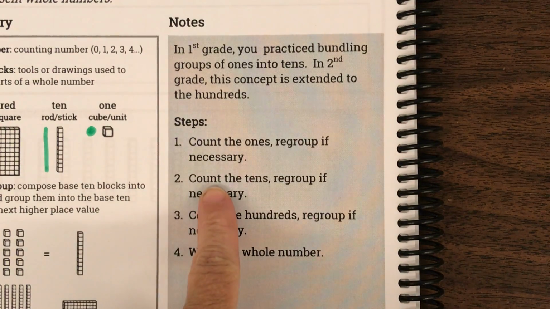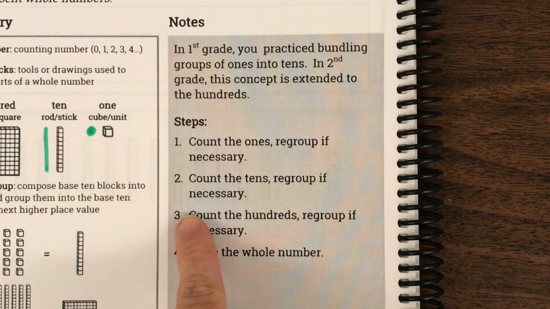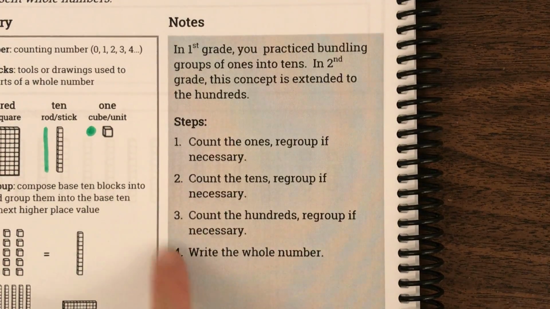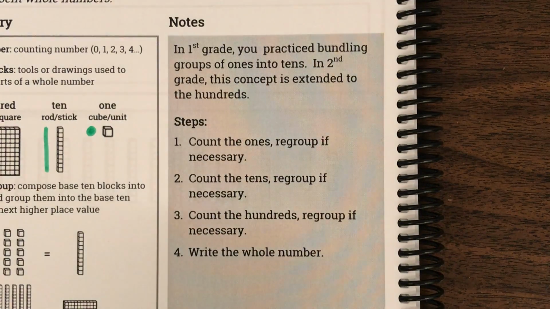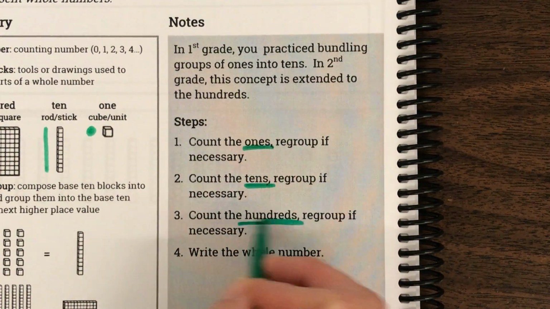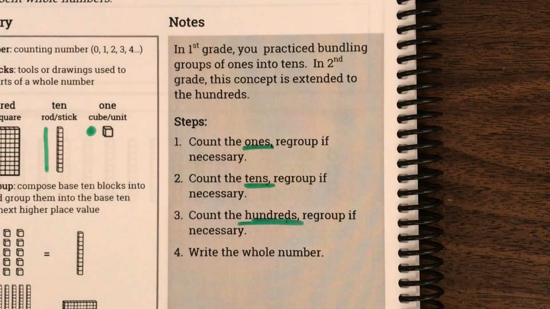Then count the tens and regroup if necessary. Then count the hundreds and regroup if necessary. But they want us to start with the ones. That's where we're starting, with the ones, and then we do the tens, and then we do the hundreds. And then finally we can write our whole number.